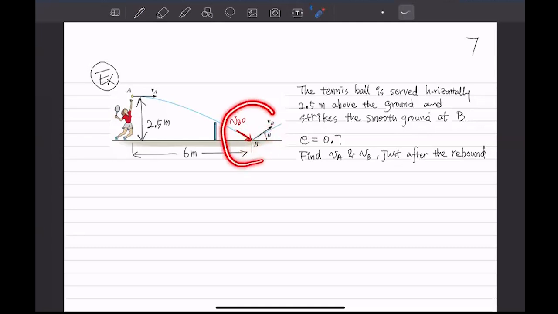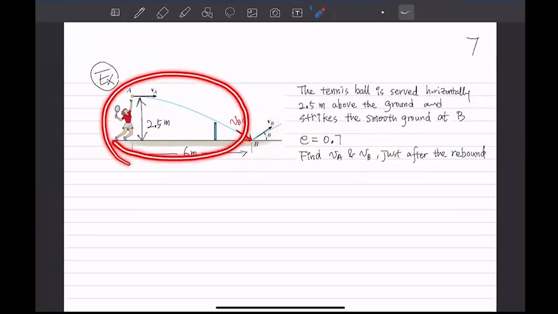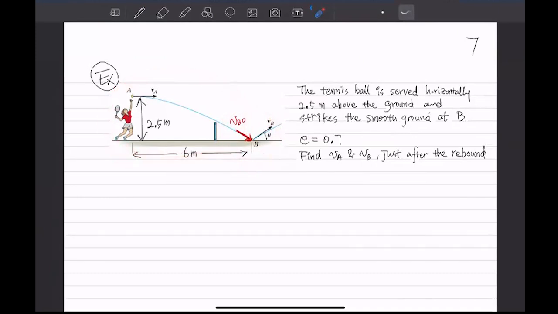So this part is something like impulse and momentum, that kind of business. And here is more like kinematics, or how do you call that? Energy or projectile movement, etc. Okay, so maybe I can just highlight that.